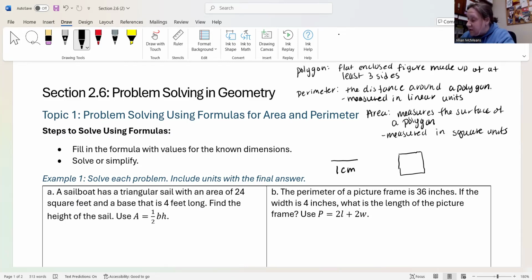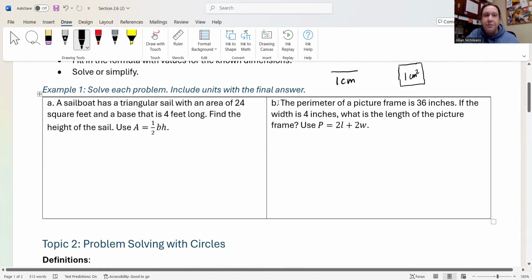So how many of these 1 centimeter squared units will cover the surface of your figure, okay? So we're literally looking at a way to measure two-dimensionally versus just in one dimension, okay? And when we look at this first example, I'll kind of show you how that squared thing comes to be, okay? So let's go ahead and look at our first example.